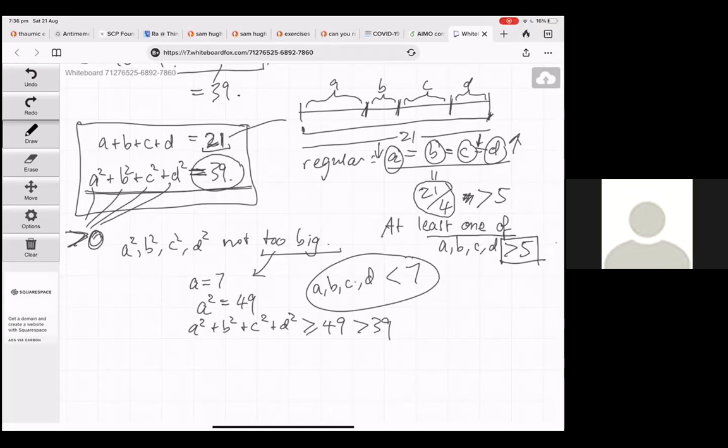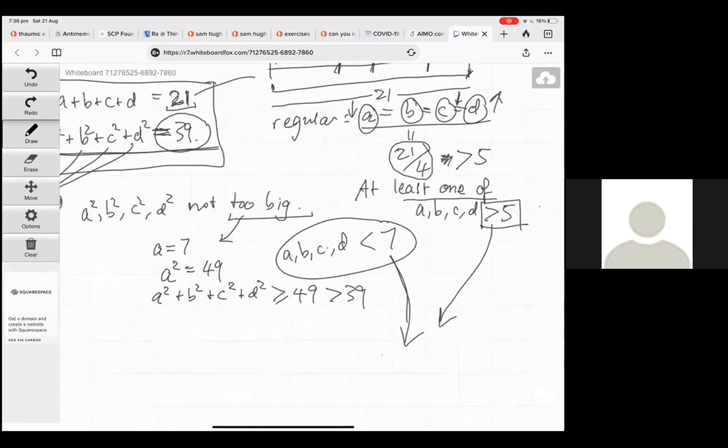So let's start to work on these conditions. I'm going to start with this less than 7 thing. Oh, actually, I'm going to combine the two. So combining the two, we have at least one of A, B, C, or D is greater than 5 and less than 7.